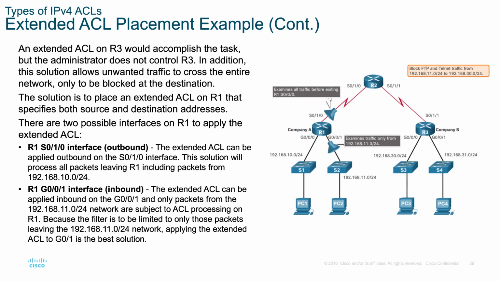So we can have it there and be effective, or we can have it there. The choice is yours, but it comes down to what you want. Now, if you're a stickler for the rule, G00 is the closest source, but as I said, you're also stopping and filtering traffic that is jumping from the .11 to the .10 network.